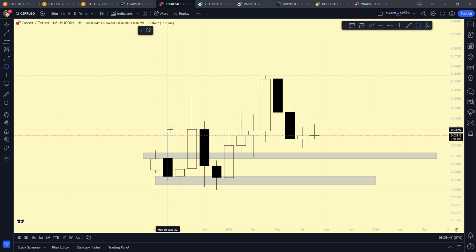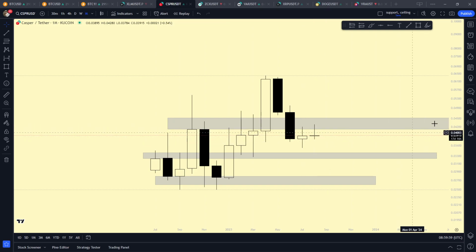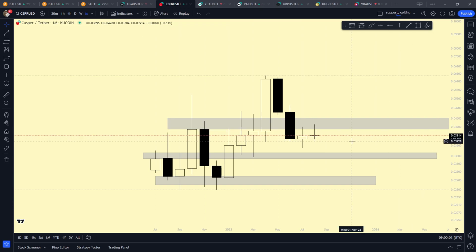So we can also see that there is a big support level, now resistance, at this level between 41 and 45. And we see that the wicks are always seeking these resistance zones here. See that?